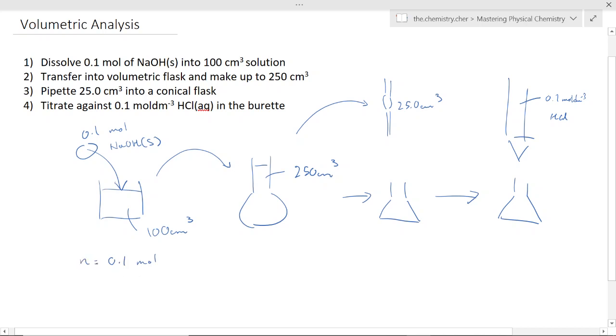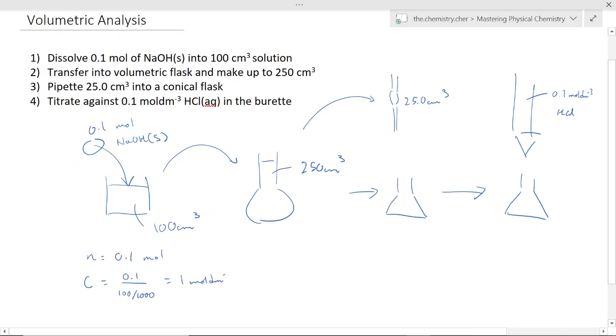My concentration is 0.1 over 100 divided by 1000, which gives me 1 mol per dm³. When I transfer it to 250 cm³, since I'm transferring everything, my number of moles stays the same at 0.1 mole, but my concentration has been diluted.